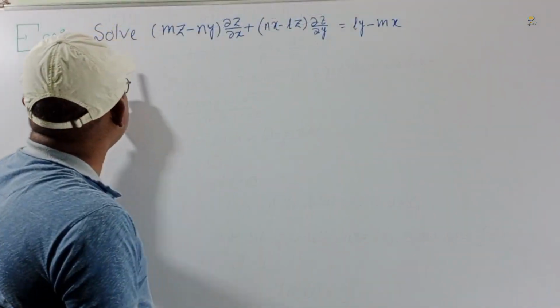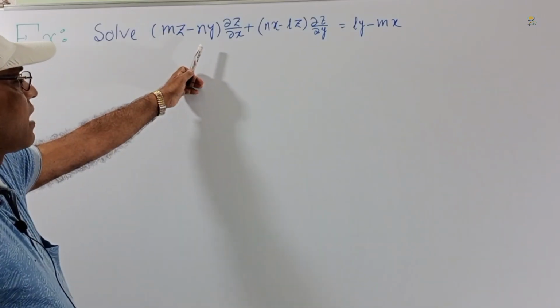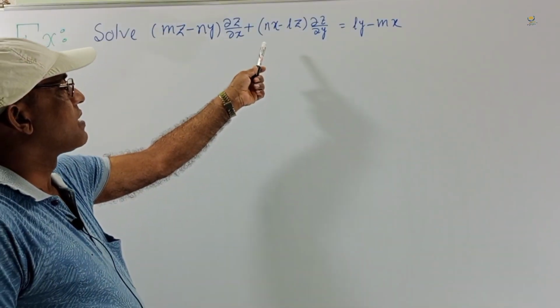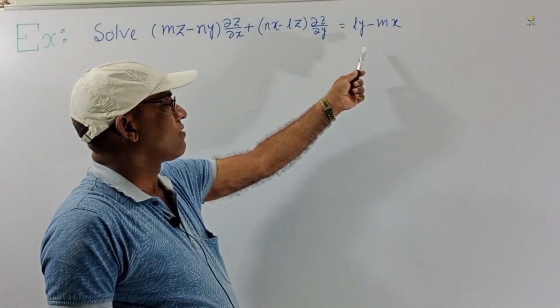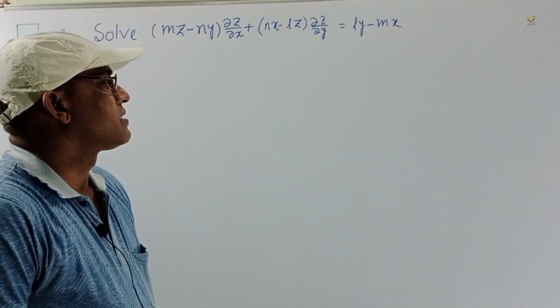So now let us consider one problem. Solve (mz minus ny) del z by del x plus (nx minus lz) del z by del y equals ly minus mx.